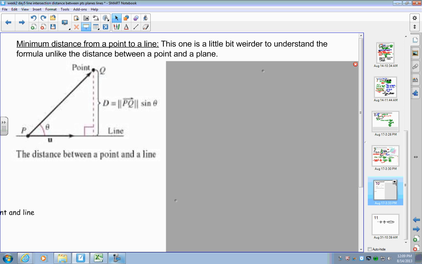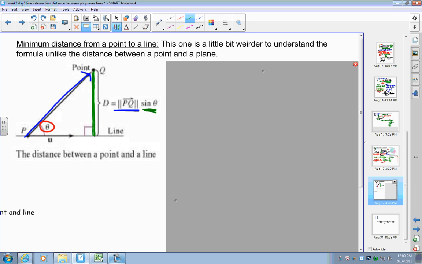Okay, and it tells you up front, the distance is the magnitude of PQ times sine of theta. Now that makes sense. Just like we did with the point in the plane, this makes sense based off trig, where I have PQ magnitude is this vector, and since I have the angle theta, and I'm looking for this distance here, that's the opposite side, which means I need a reference sine.